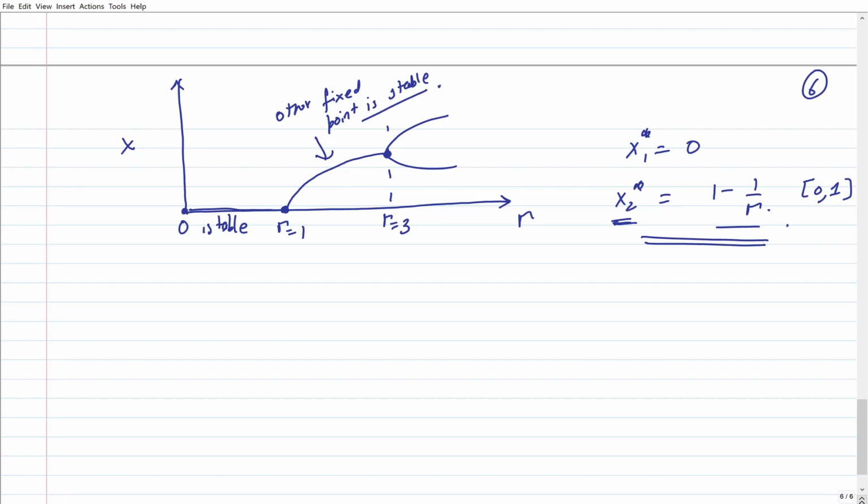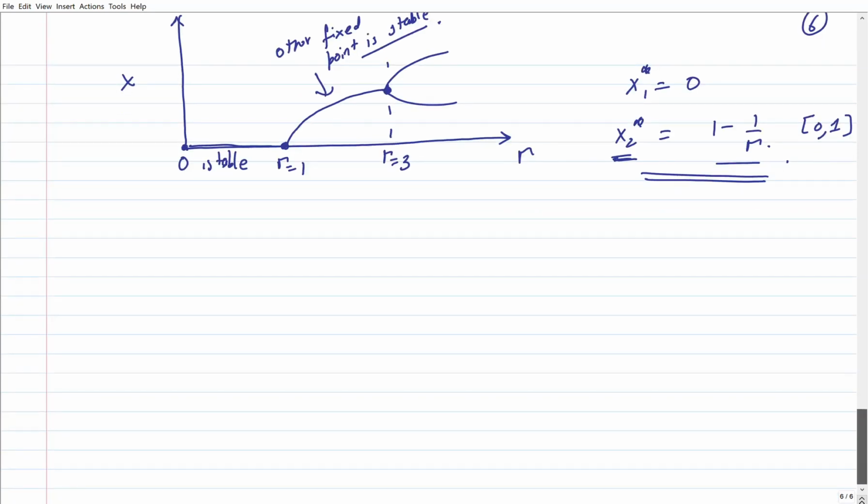Okay, very good. So we can also look at it graphically, what's happening. Now let us sketch out the map itself.